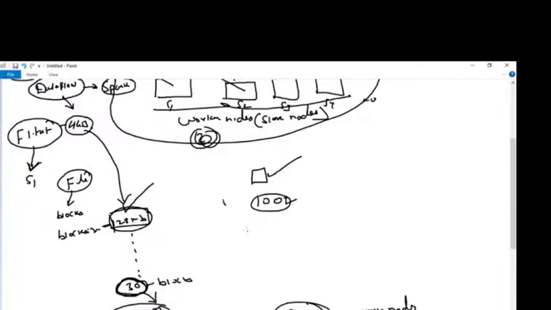In the same way, in ADB with PySpark, if you want to achieve high speed, you need to increase the number of worker nodes.